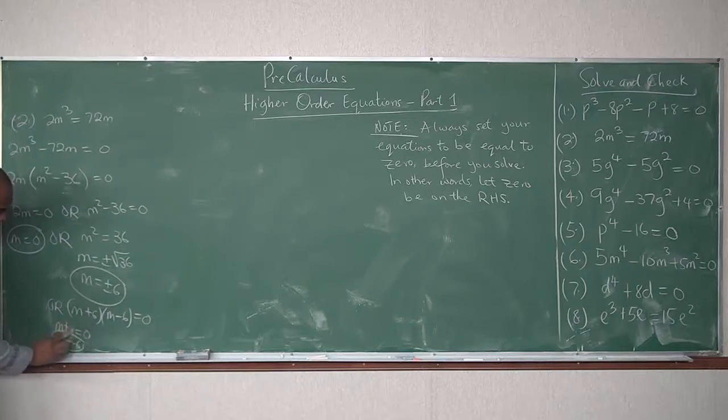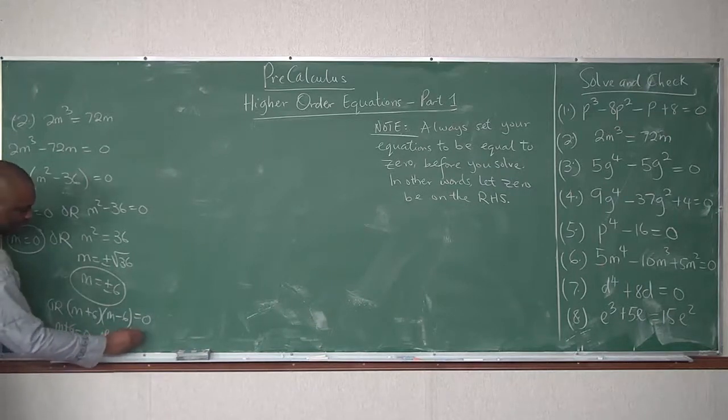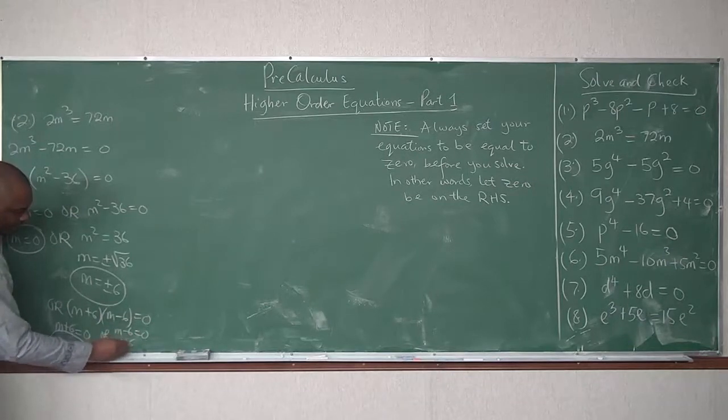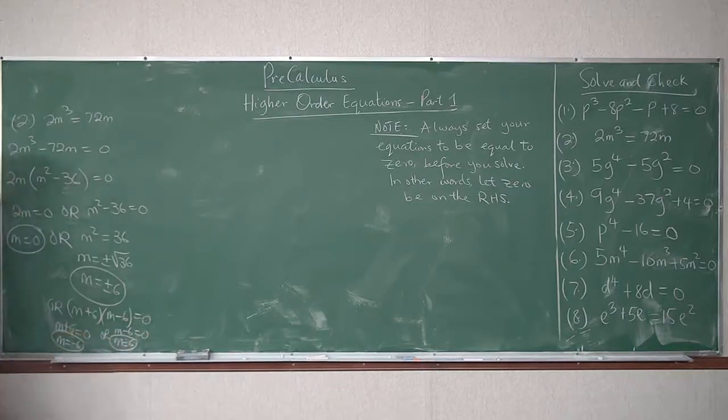Or m minus 6 is 0, so m will now be 6. Whichever way you want to do it, that's fine. You can either use the square root property or the zero product property. It does not matter.